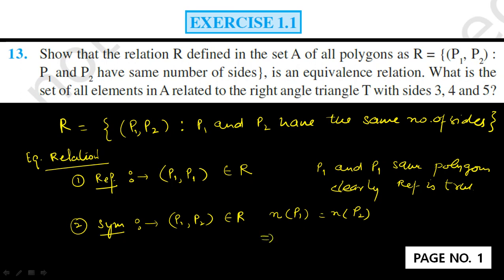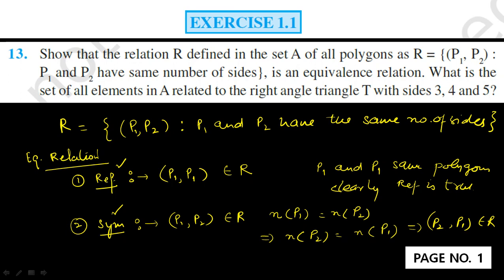Clearly, I can write the number of sides of P2 is equal to the number of sides of P1. It means P2 is in a relation with P1. It means the symmetric nature is also there for relation R.